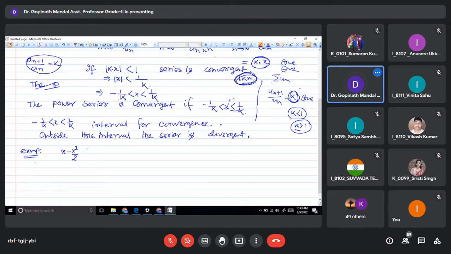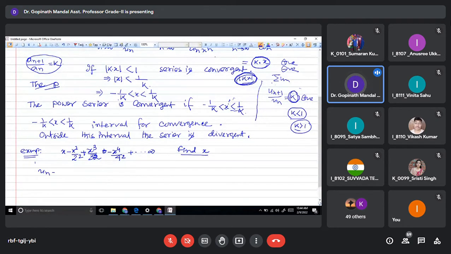Now x cube by 3 minus x to the power 4 by, okay, this is 2 square, 3 square, 3 square, 4 square, and so on. Find the value of x for which the series is convergent.